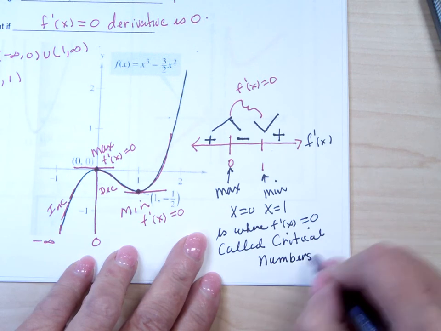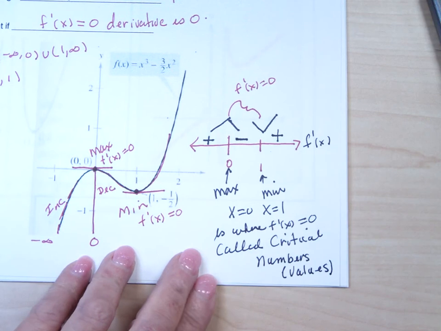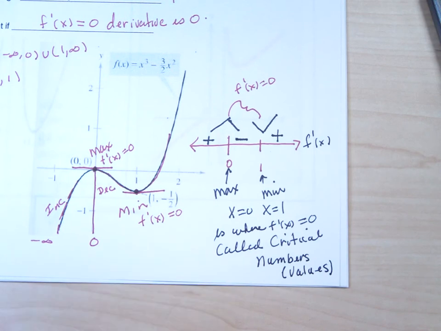Some books call them values. And something is happening on either side of that critical value. And usually it's either a maximum or a minimum at that critical value. And that's where f prime of x equals 0.